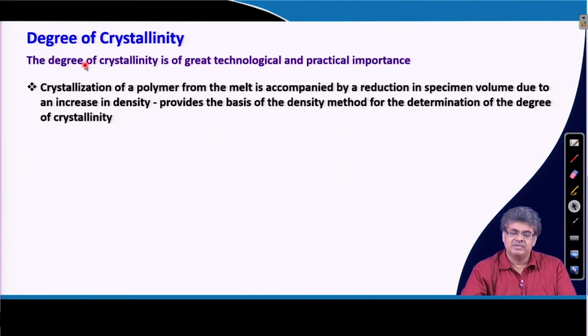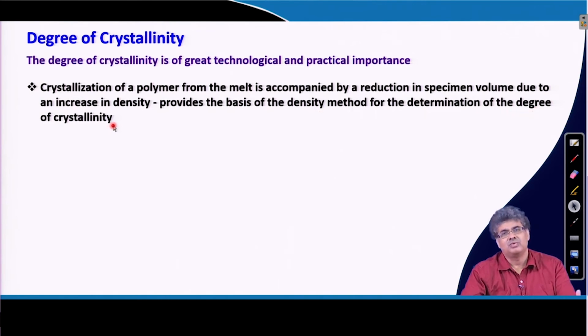Degree of crystallinity. Now, we will move to degree of crystallinity. Degree of crystallinity is basically the extent of crystallinity in a semi-crystalline sample, and it is of great technological and practical importance. Crystallization of a polymer from melt is accompanied by a reduction in specimen volume due to an increase in density, and this provides the basis of density measurements for determination of degree of crystallinity.